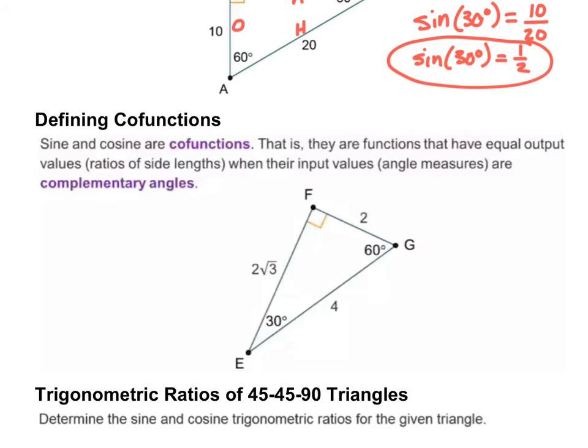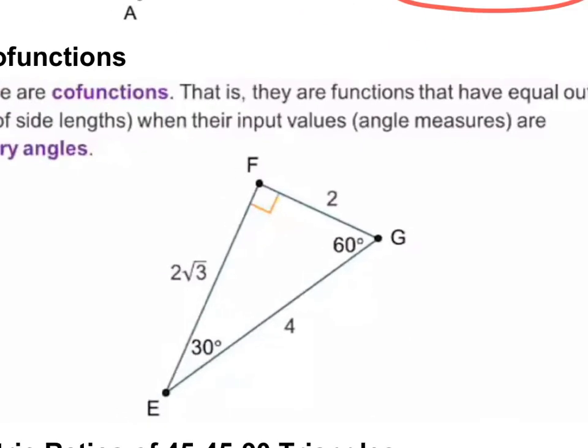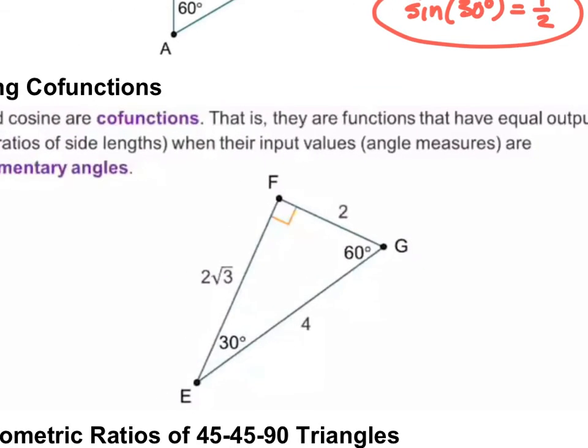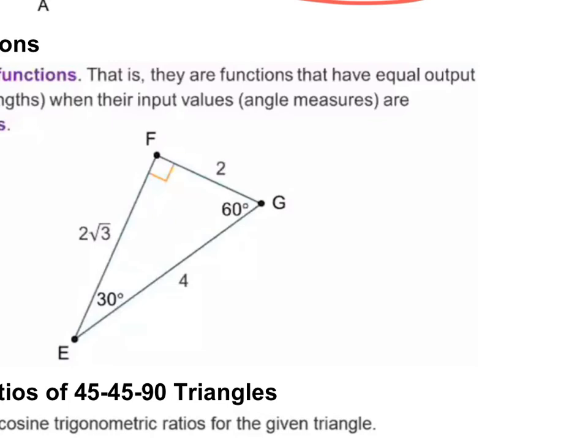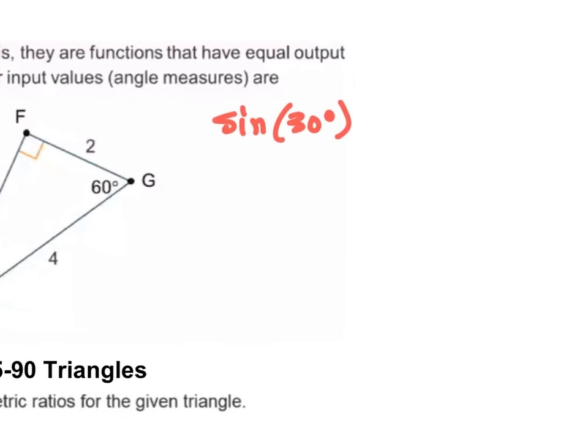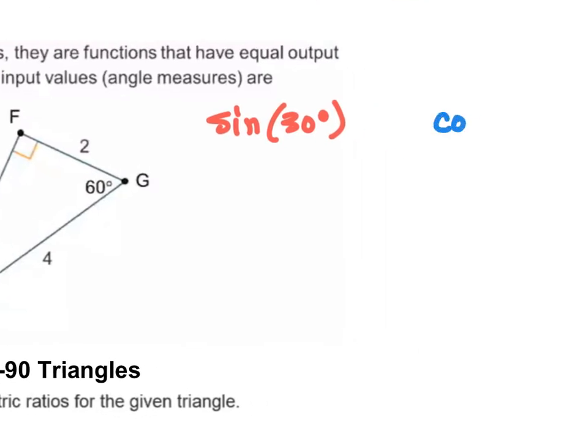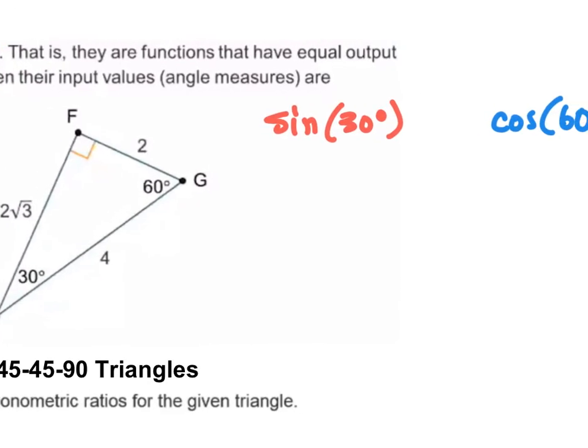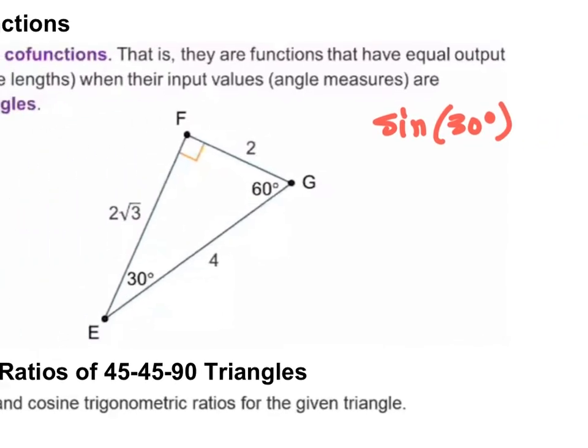What I want to show you real quick is let's do sine of 30, and remember, we've already done this. I'm going to do sine of 30 degrees, and then I'm also going to calculate cosine of 60 degrees. So I've got two different things going here. I'm going to do sine in red, and cosine in blue.